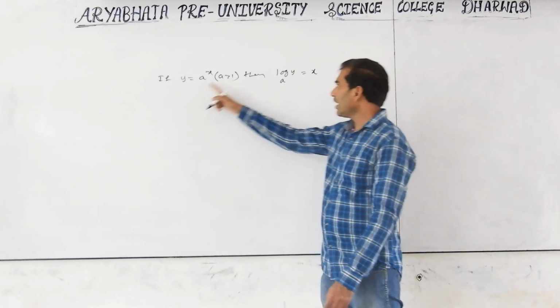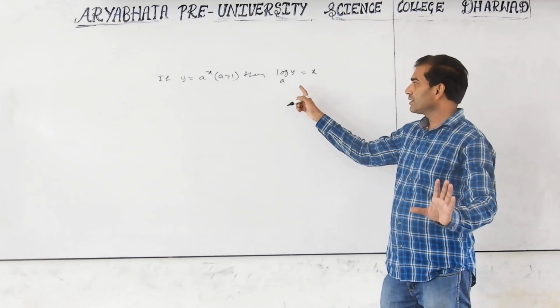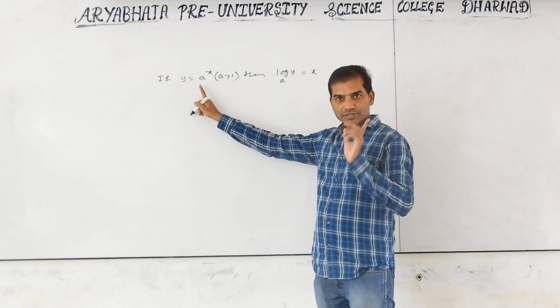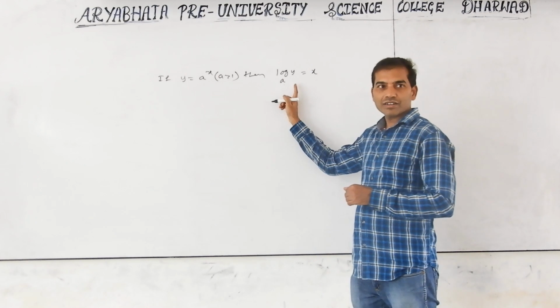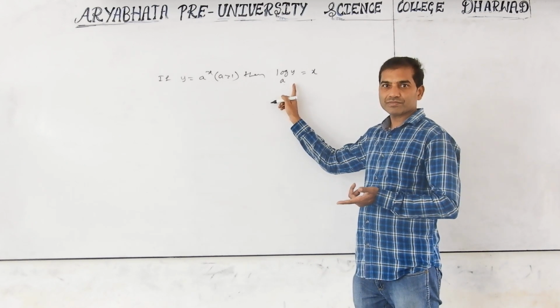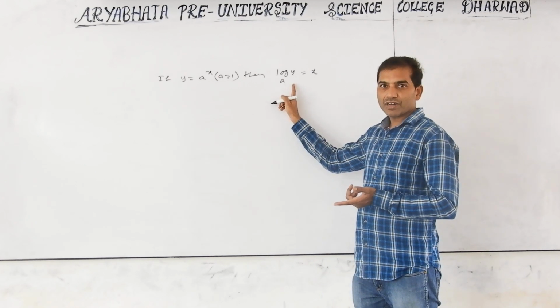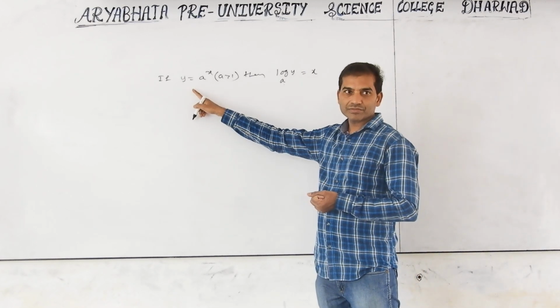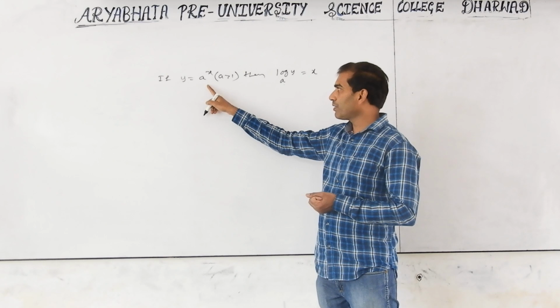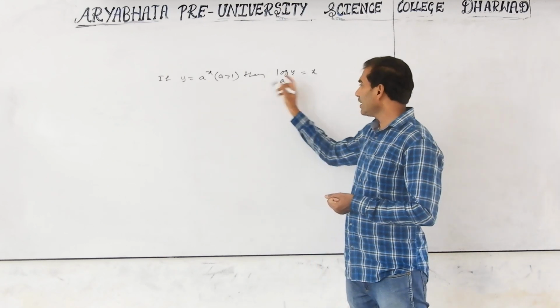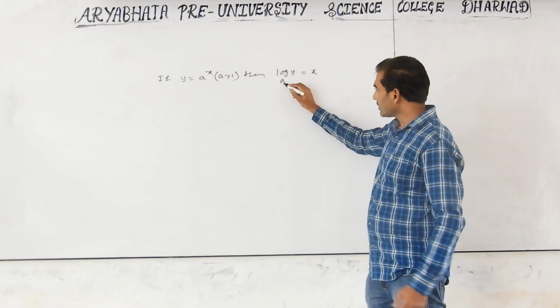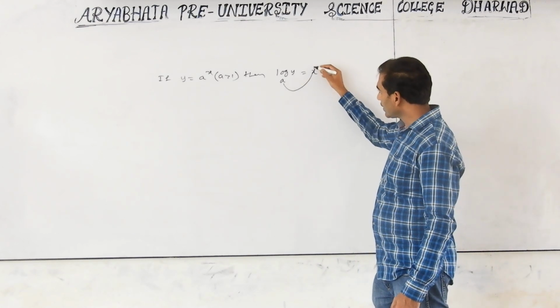These look different, but this is called the exponential function and this is called the logarithmic function. Are you following? The logarithmic function comes from the exponential. y is equal to a power x, with a greater than 1, then log y base a equal to x. Reverse like this, a raised to x equal to y.